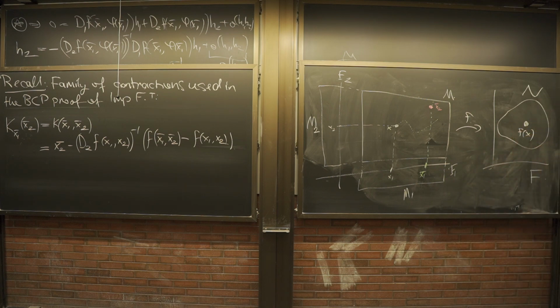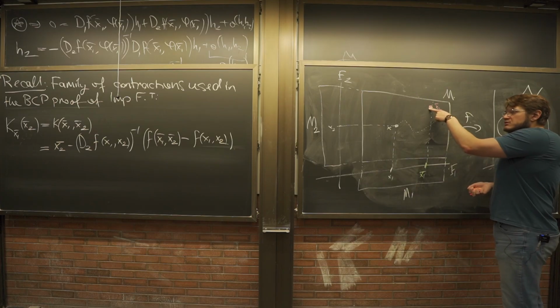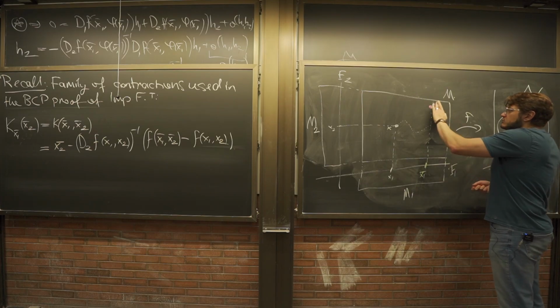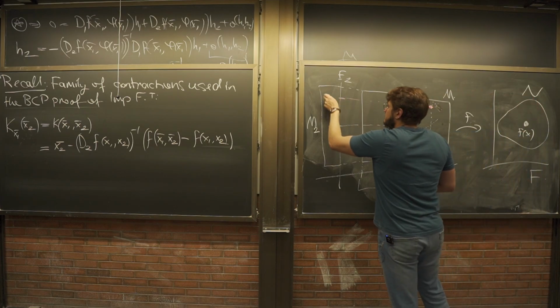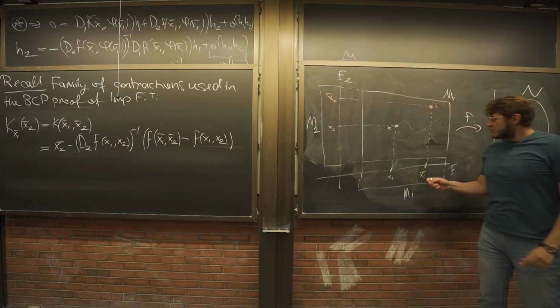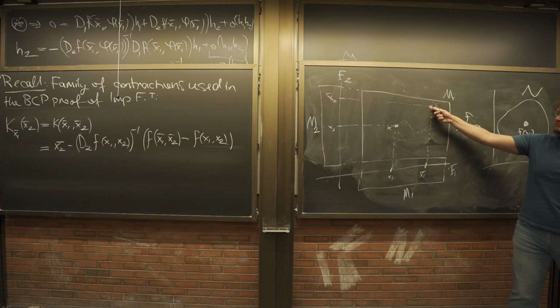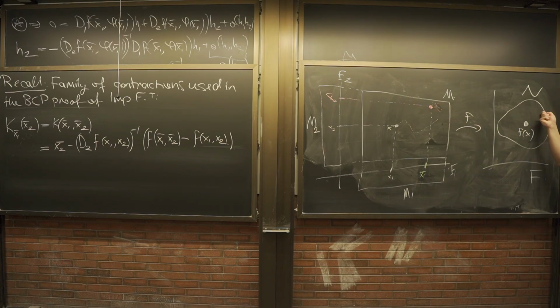If not, what do you do? Well, I should have said that the height here is x2 bar. I can take this point. This is x1 bar, x2 bar. Feed it to f. That's going to give me an output here.